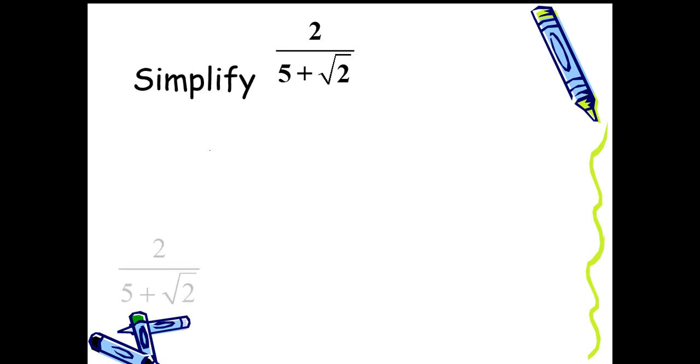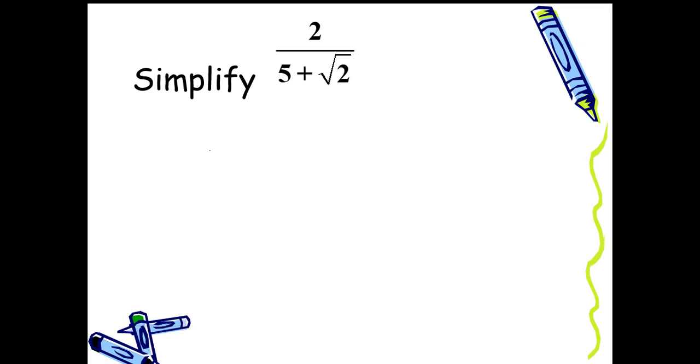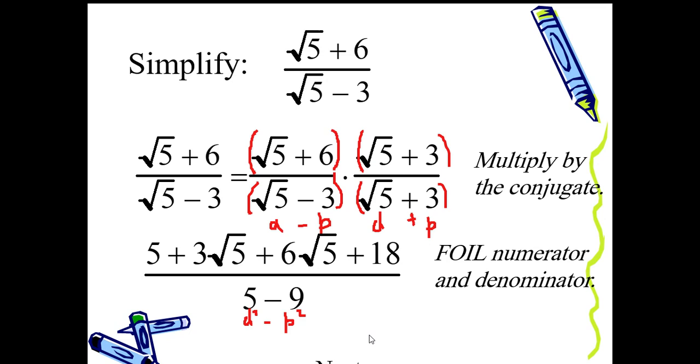Then after, I will simplify. Wait. Here, I didn't write the final answer. I didn't notice that. I'm going to write the final answer here. I'm sorry. So I'm going to add 5 plus 18. It's equal to 23.